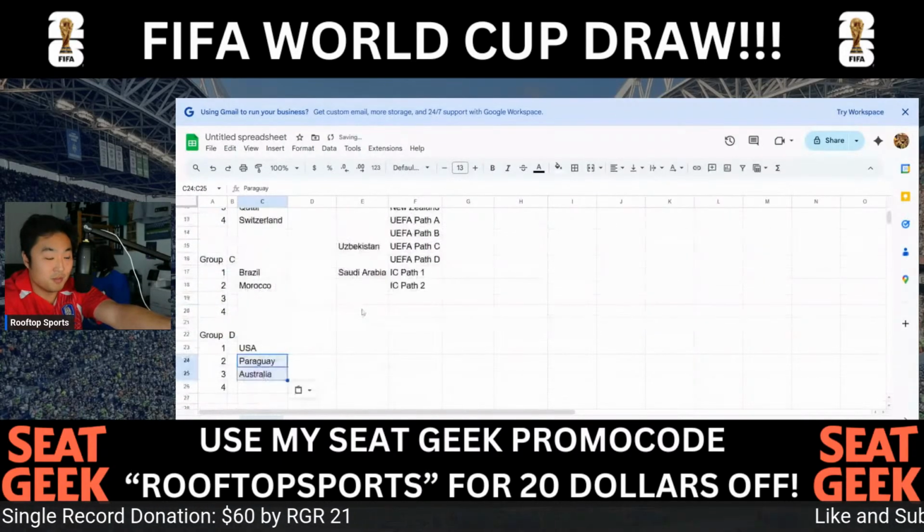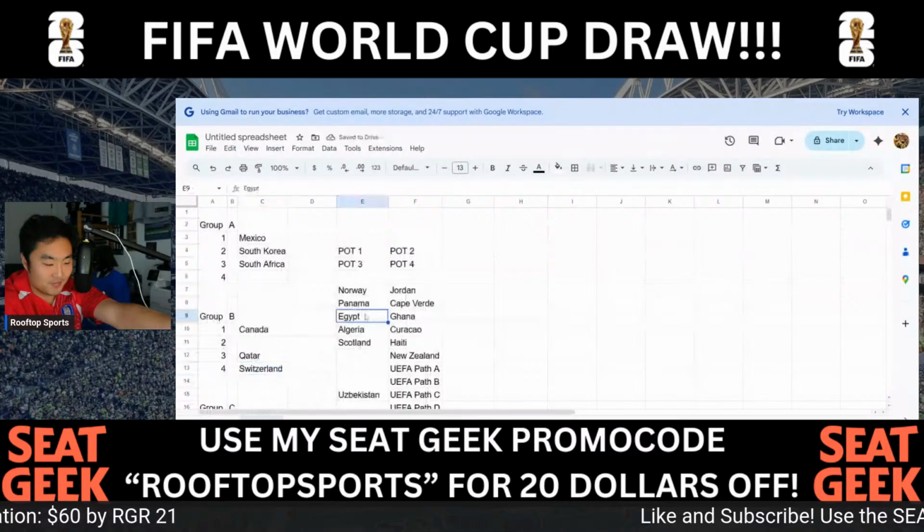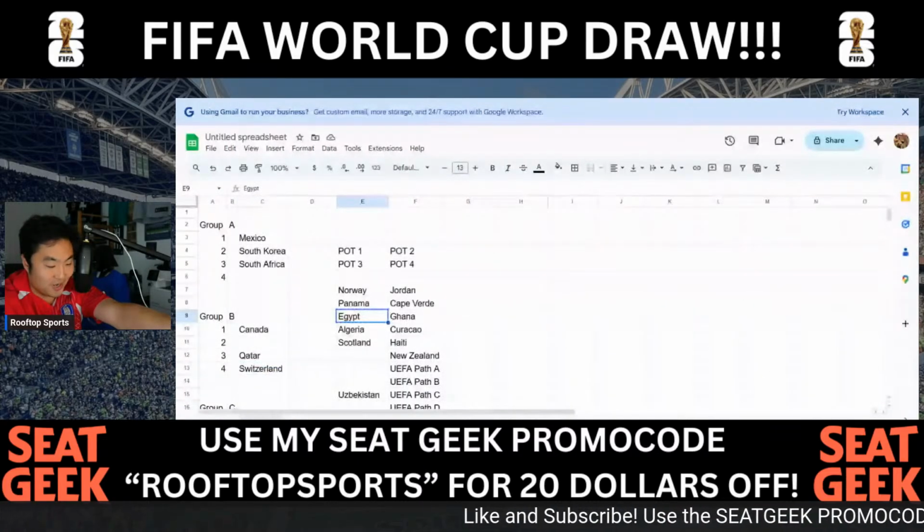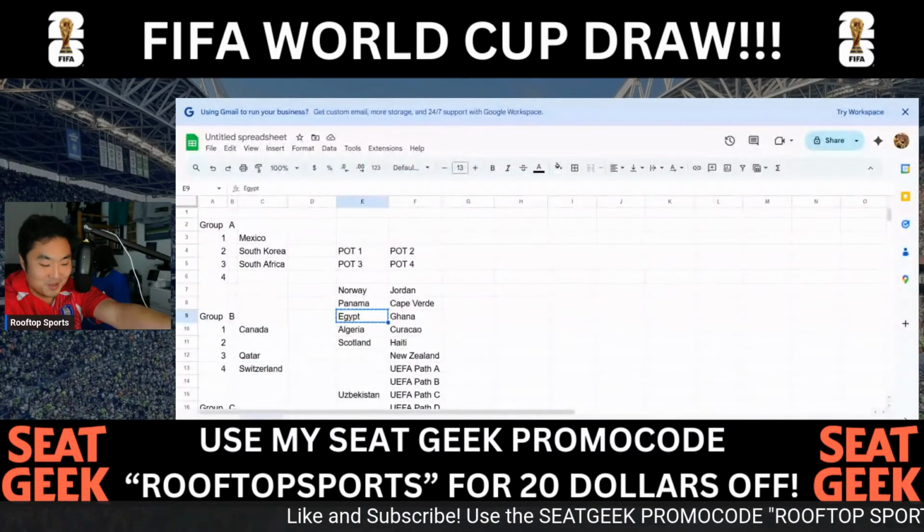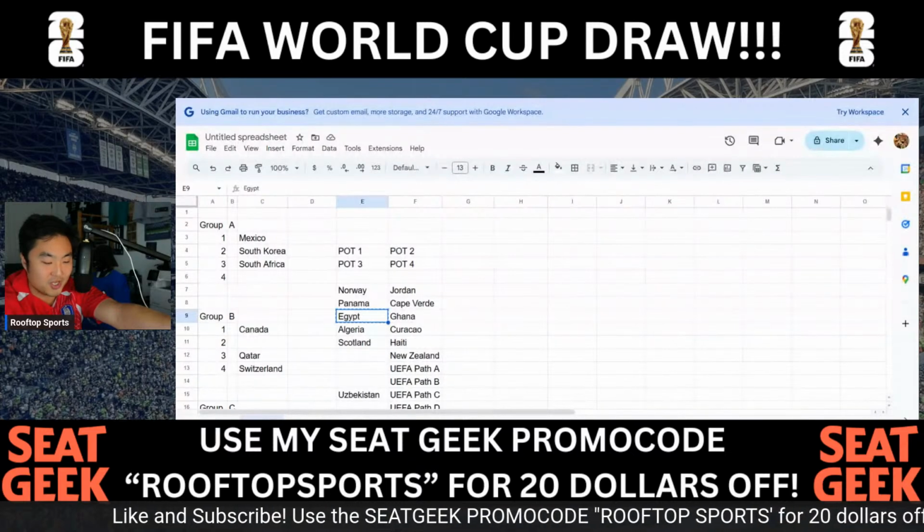Egypt. The Mo Salah team. So, yeah, Group C, you can't go to Group C. So I think you're going to go to Group G.